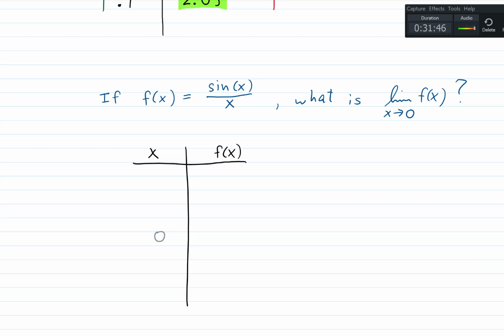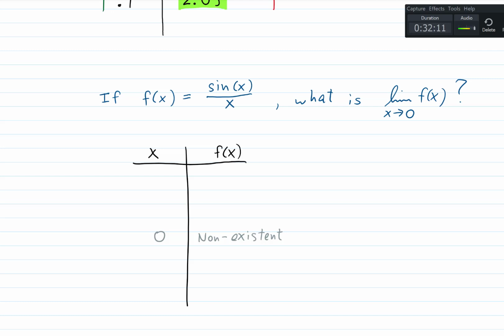That would be the sine of 0 over 0, which is 0 over 0, which does not exist, right? Non-existent. Or you could say undefined. There is no such thing as f of 0.